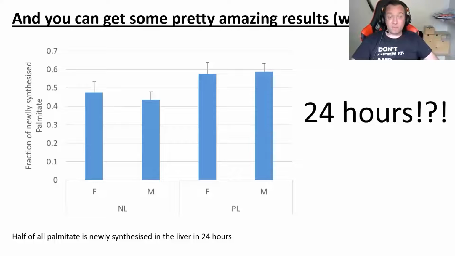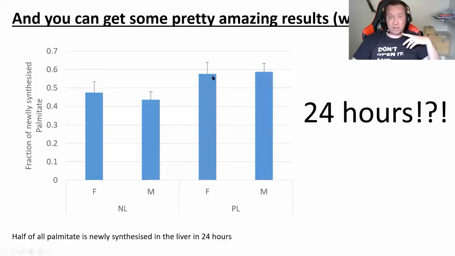So half of all palmitate in the liver of your mouse wasn't the same palmitate as yesterday, which I think is quite amazing because I would not have thought it was that high, even in rodents with their super high metabolic rate. Actually, though, this highlights a problem, because we're measuring the fraction of newly synthesized palmitate, and it's appearing to be 58%.